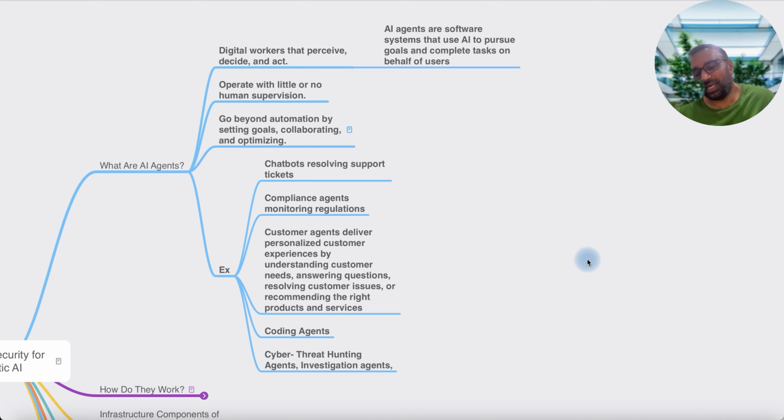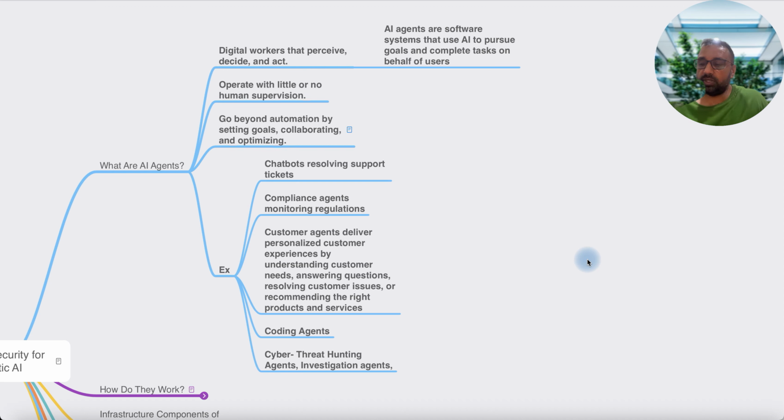or agents that are coding. Then in cyber, threat hunting agents and investigation agents are some of the things that I'm already seeing, in the autonomous stock market as well. If you go into details, a typical customer agent will deliver a personalized customer experience by understanding customer needs, answering questions, resolving customer issues, as well as recommending the right products or services to the customer.